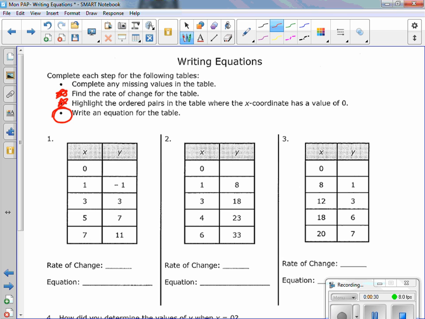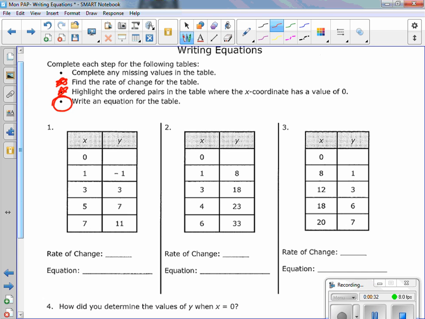So when I'm looking at my table, the first thing I'm going to do is start noticing what's happening here. This one is increasing by 1, this one by 2, this one by 2, and this one by 2. This one is increasing by 4, this one is increasing by 4, and this one is increasing by 4 as well.